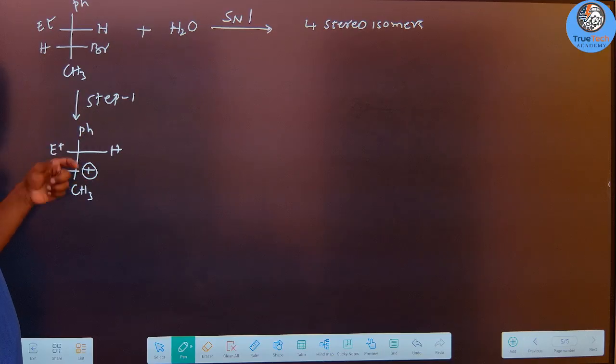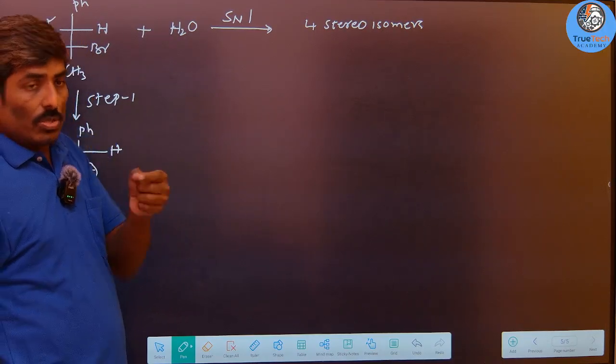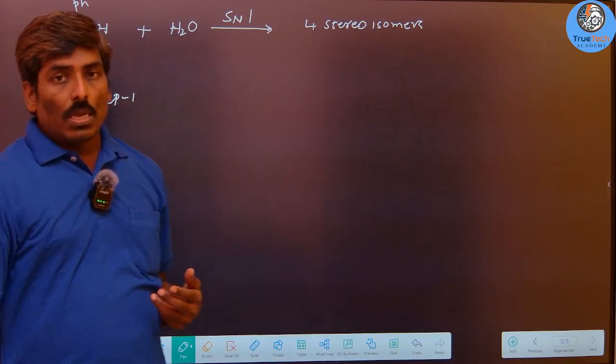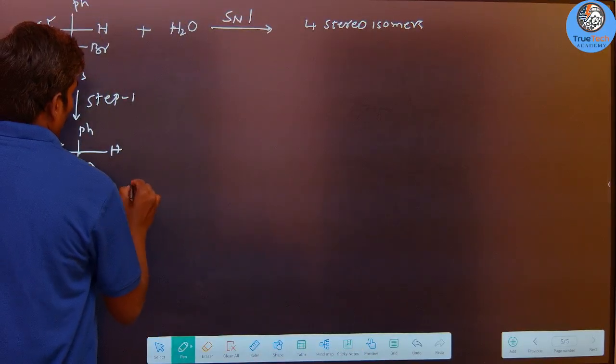By carbocation rearrangement, if the positive charge is shifted to this carbon, you are going to get a more stable carbocation, a benzyl carbocation. Because of the phenyl resonance, carbocation stability increases, so it undergoes carbocation rearrangement.